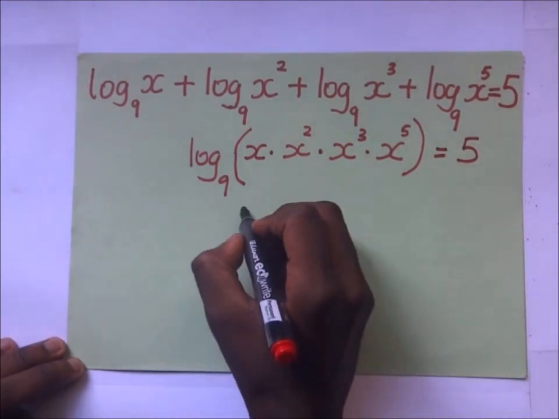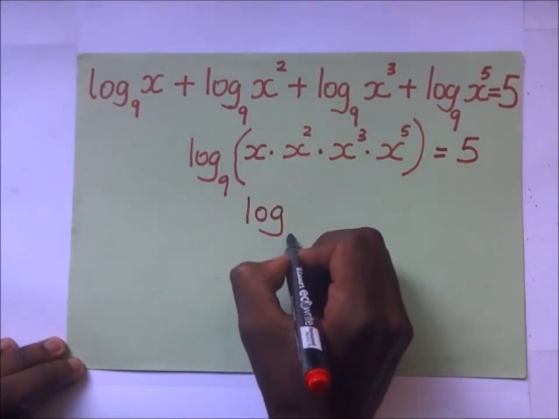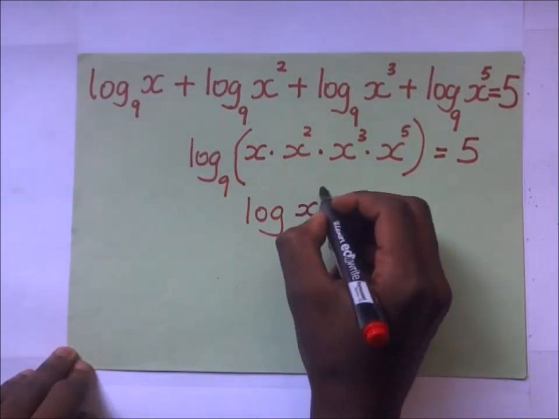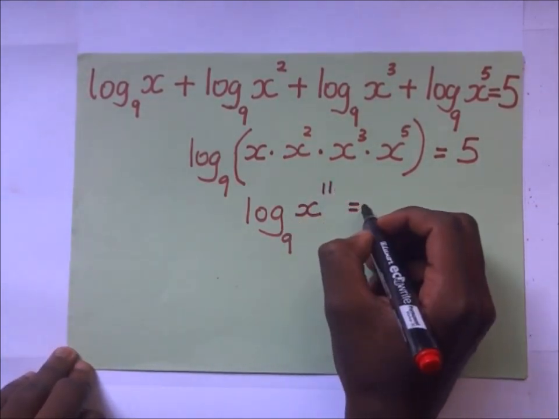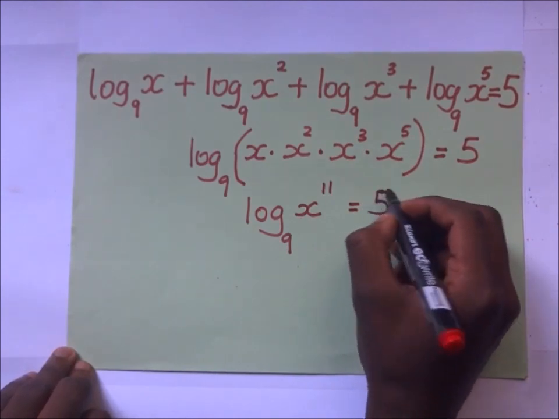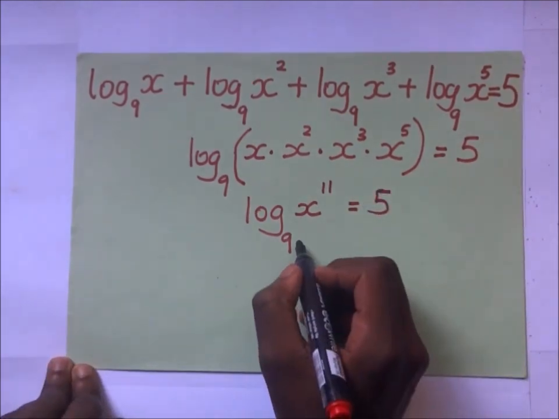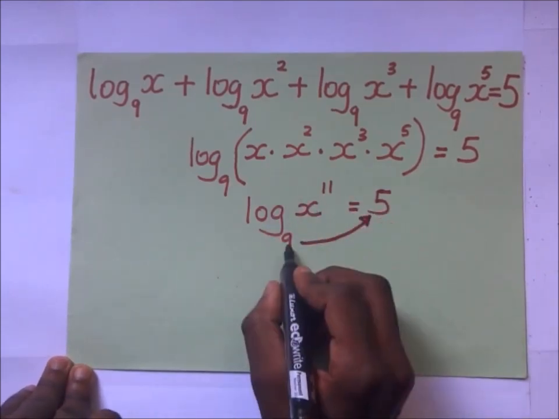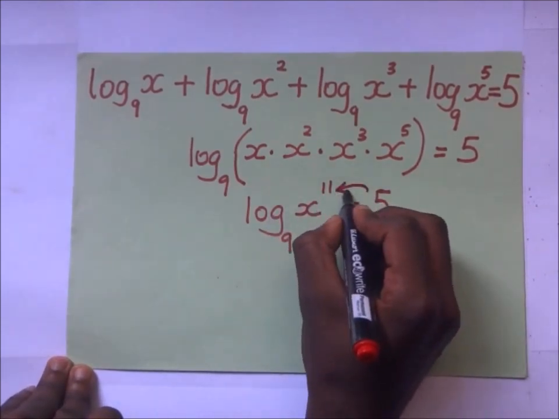So this is going to become log to base 9 of x to the power 11 is equal to 5. So when you convert this to index form so that you're able to get the value of x, it's going to be 9 to the power 5 is equal to x to the power 11.